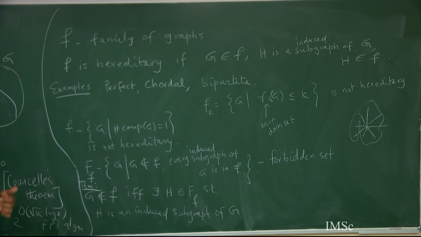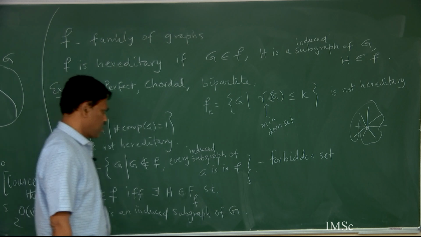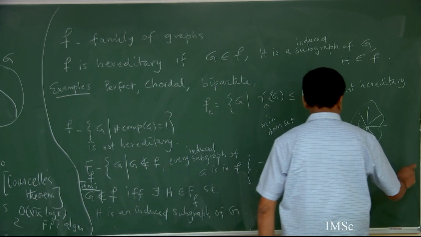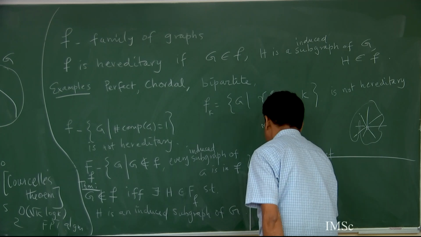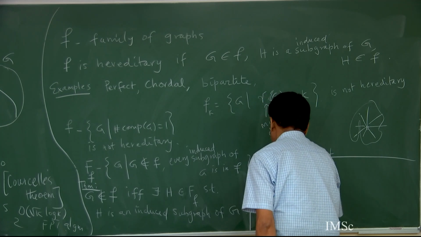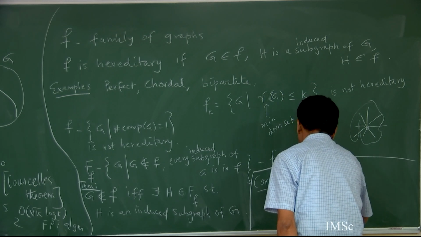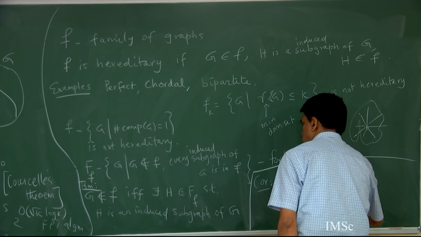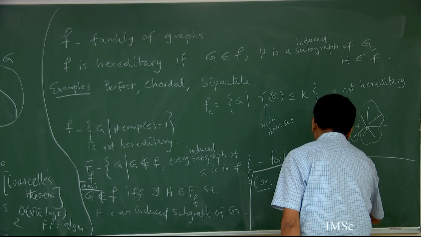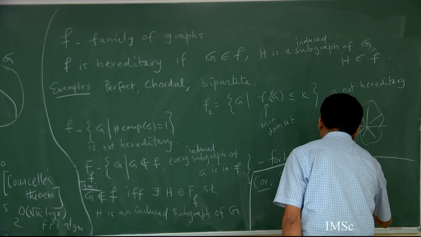Now, what's a corollary of it? Suppose the forbidden set for this class is a finite set.